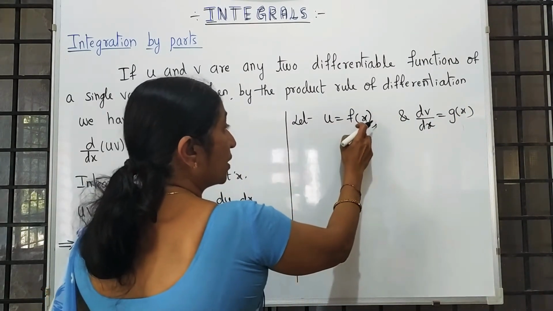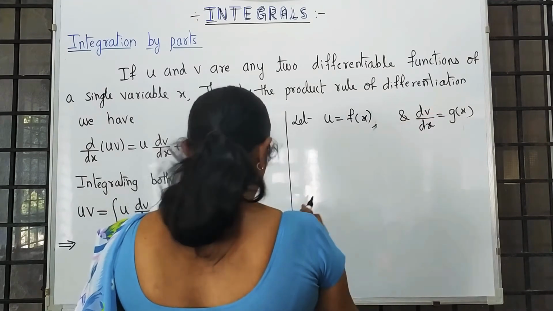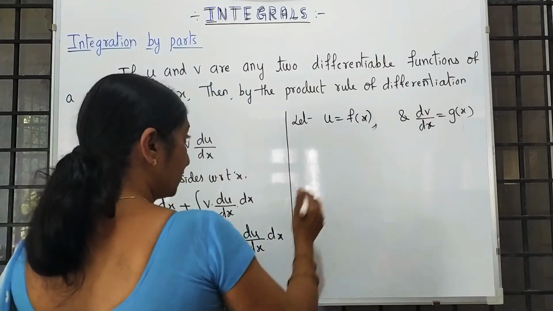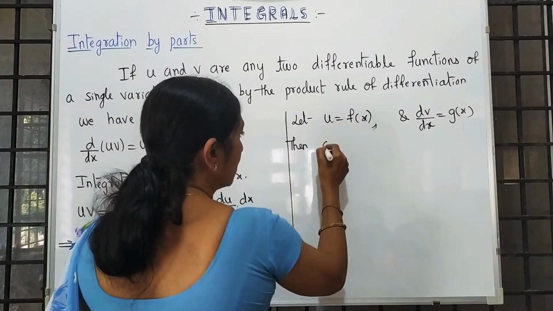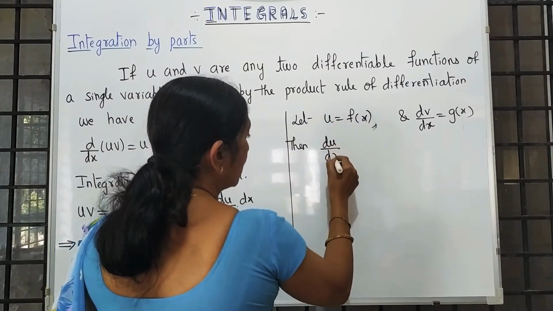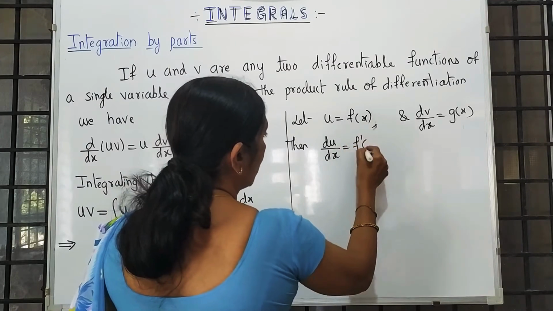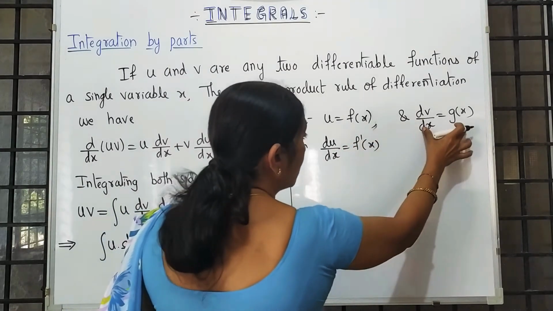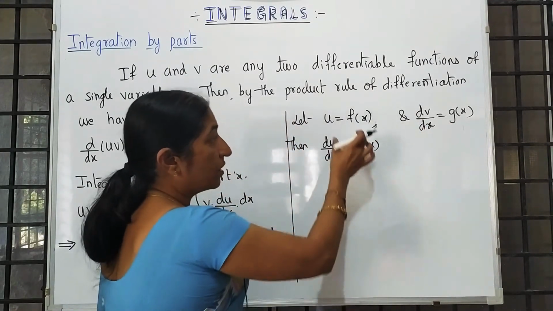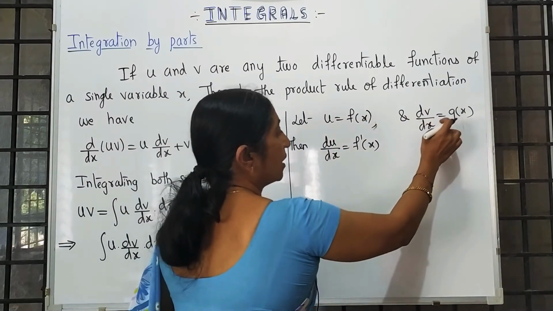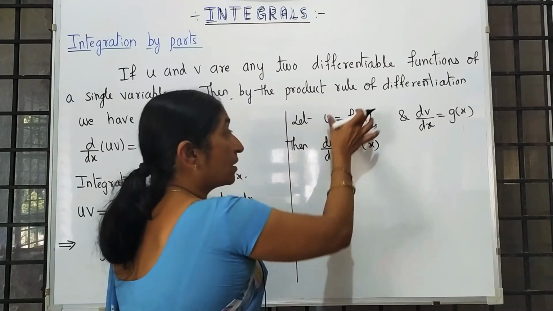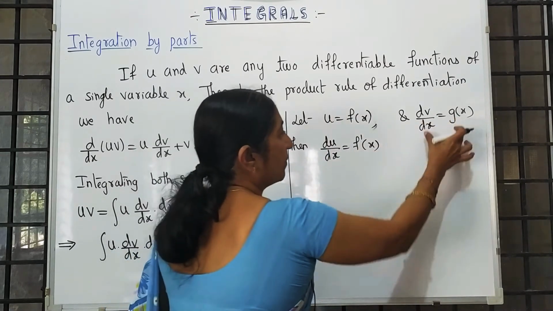Then I am differentiating this: du upon dx will be written as f dash of x, and this I am integrating. Please note down, u is equal to f of x and dv upon dx I am taking as g of x. This I am differentiating and this I am integrating.